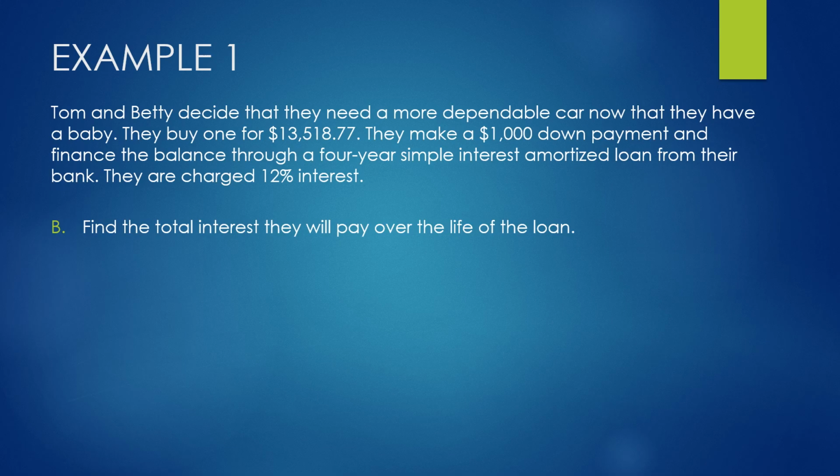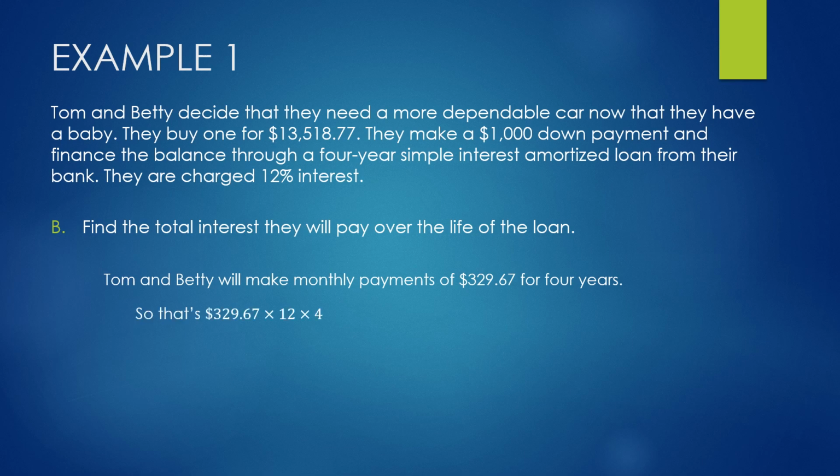It's really simple to figure out the total interest. There's no formula for it. I'm not going to give you a formula for it. I'm going to let you figure it out intuitively. Tom and Betty make monthly payments of $329.67 for 4 years, so 12 times a year for 4 years.